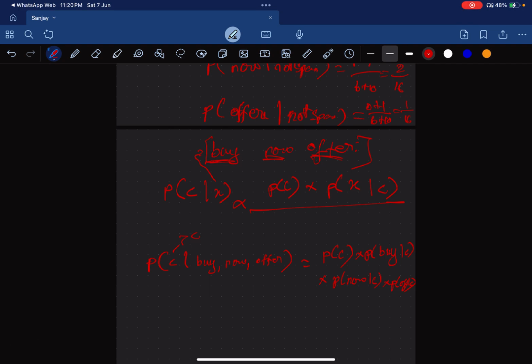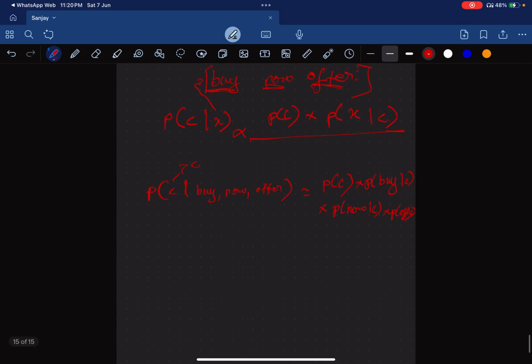For the spam class, we simply rewrite this with P of spam and these features.